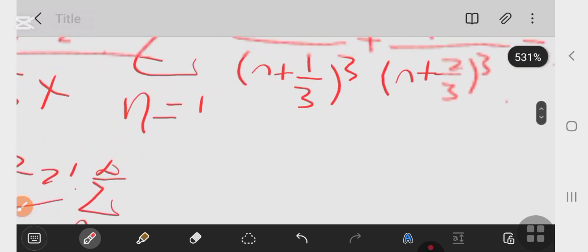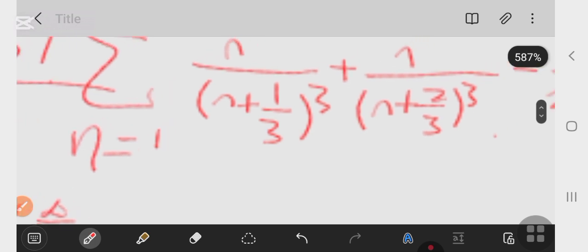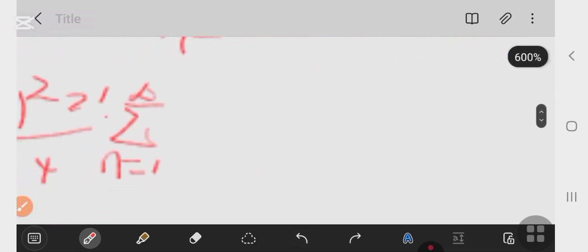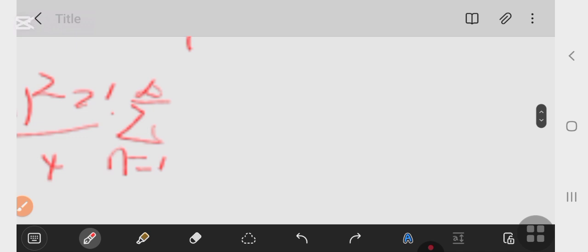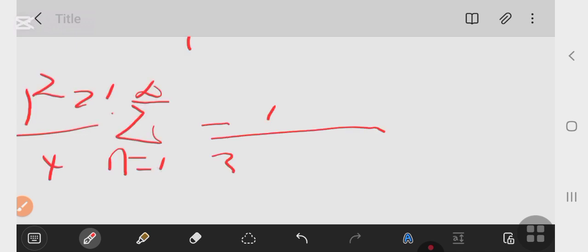Now if I'm to decompose this into partial fraction, I'll have, yeah, this is minus 1 over 3 multiplying n plus. Okay, I need to do something else before this.